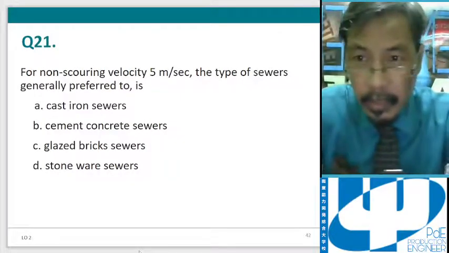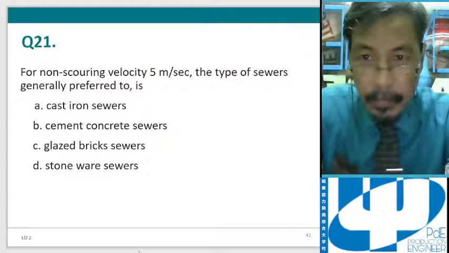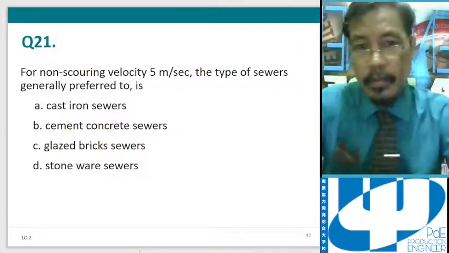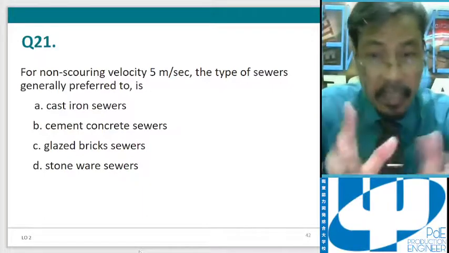Question 21. For non-scouring velocity of 5 meters per second, the type of sewers generally preferred is. Still glazed.